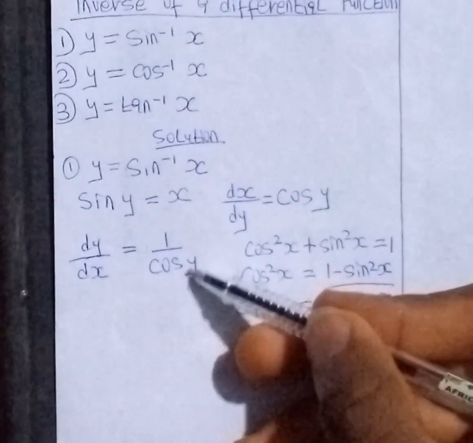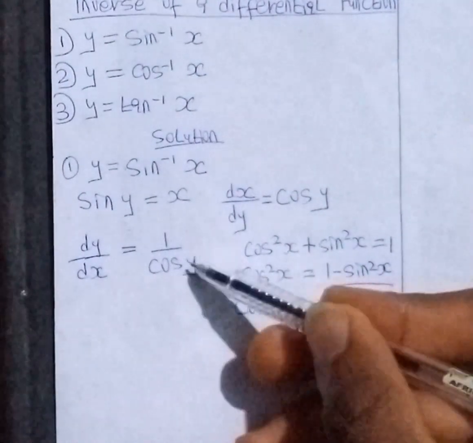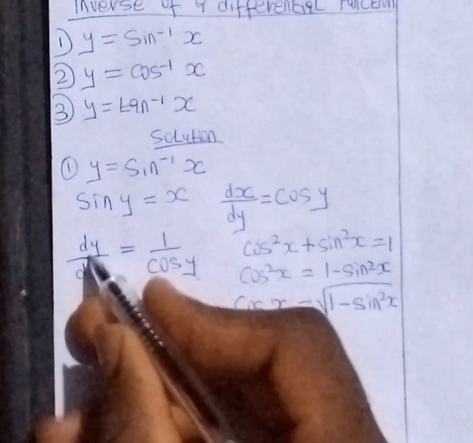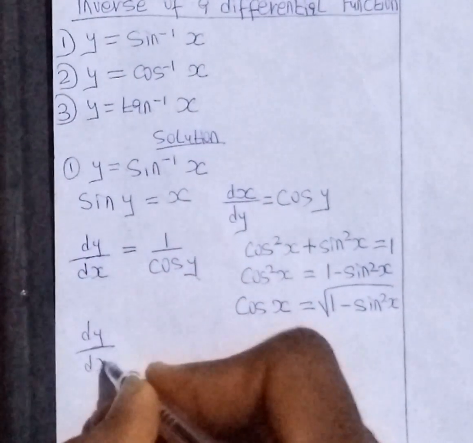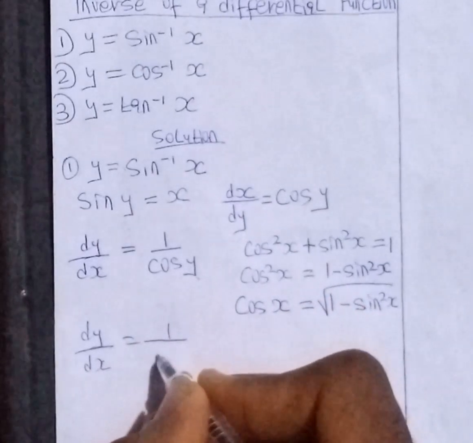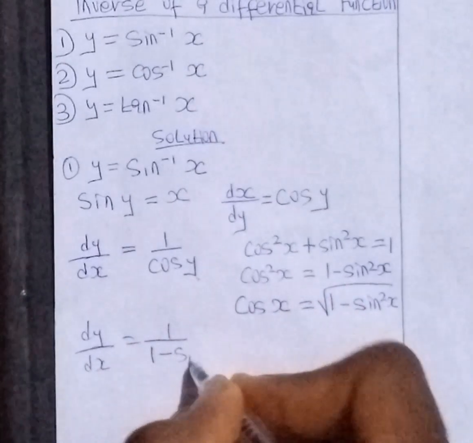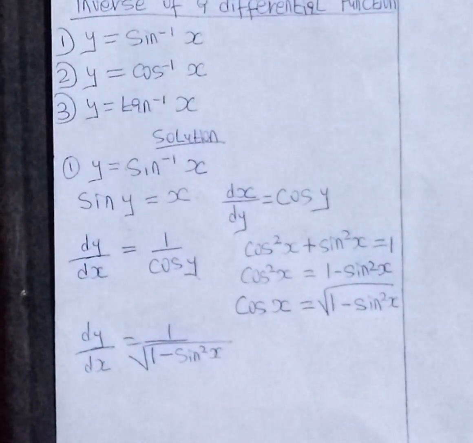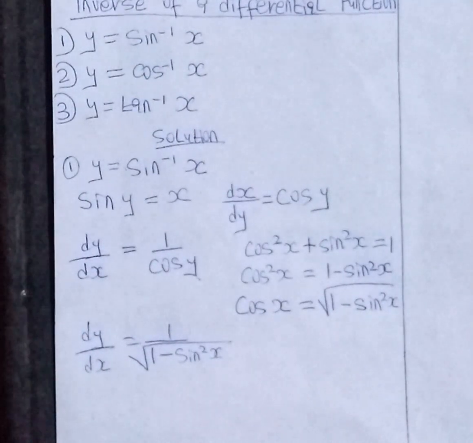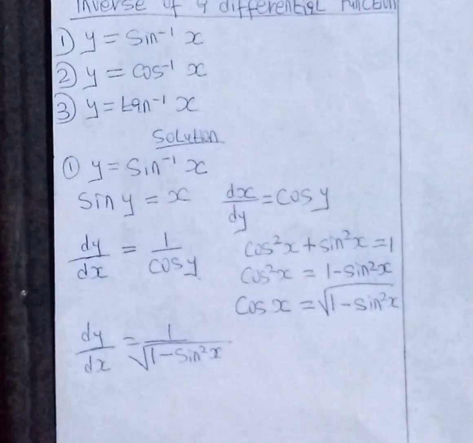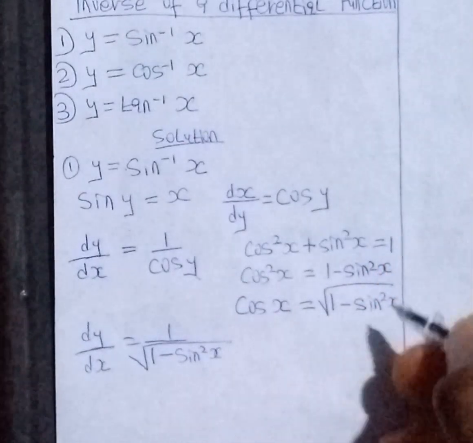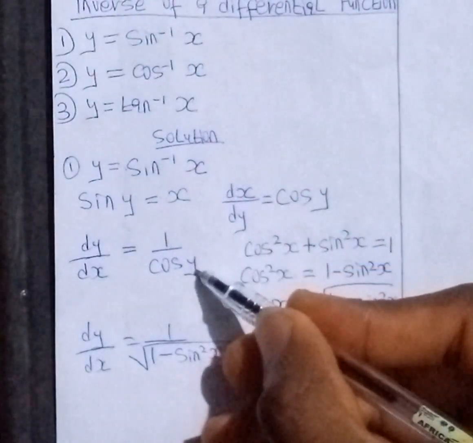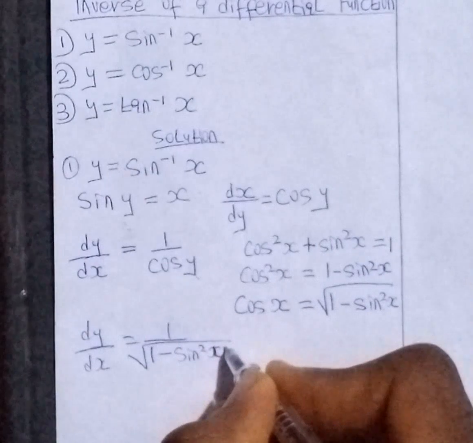So we now have dy/dx equals 1 over the square root of 1 minus sine squared y.